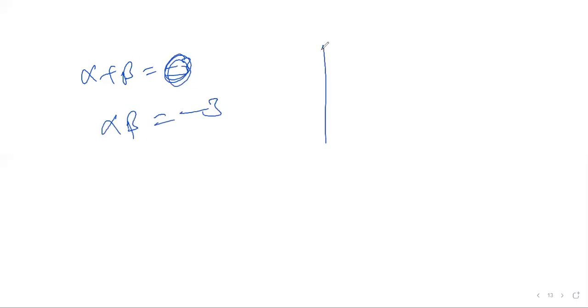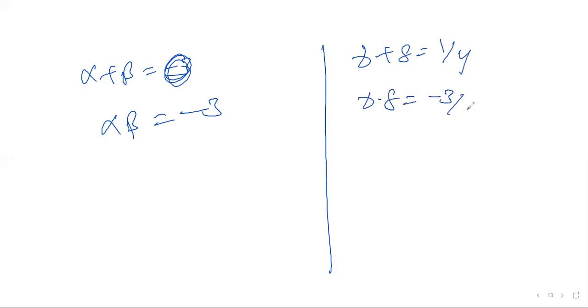Then gamma plus delta is equal to 1 by 4, and gamma into delta is equal to minus 3 by 8. By doing this, you'll get alpha and beta. By doing this, you'll get gamma and delta.